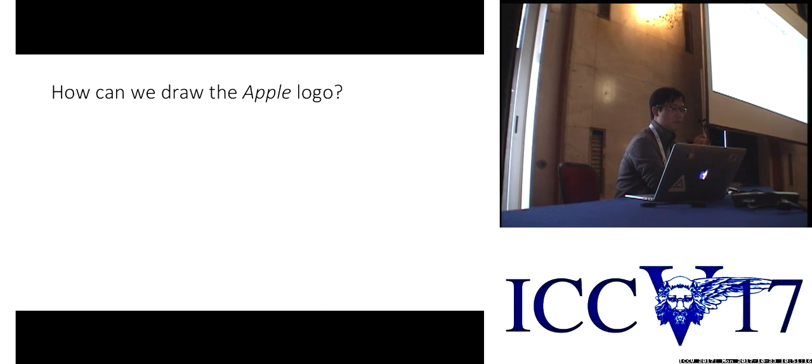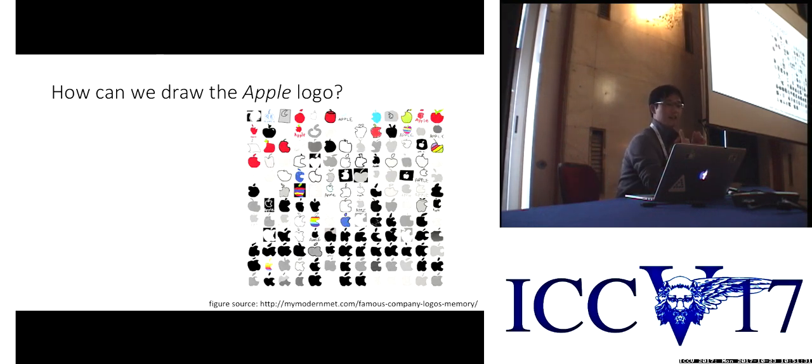Now let's stop for a few seconds and think about this problem. How can we draw the Apple logo? By the Apple logo, I mean the logo of the Apple company. These are what people draw when they cannot see the Apple logo. They just draw this from their memory.